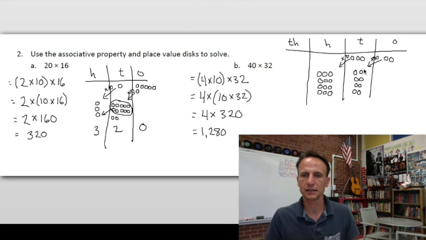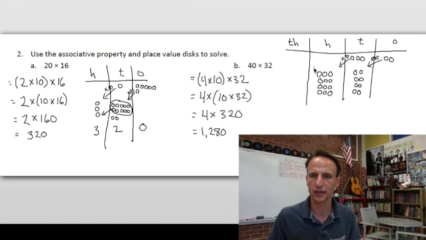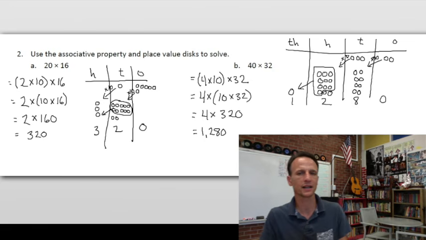And I see in the tens place there's no regrouping because I have 8 there, but I do see over here in the hundreds place I have 12 hundreds, right? So I can take 10 of those beauties and regroup them over to the thousands place. That leaves me with 1,000, yeah, 2 hundreds, 8 tens, 0 ones, 1,280. Ah, that's what I got here.